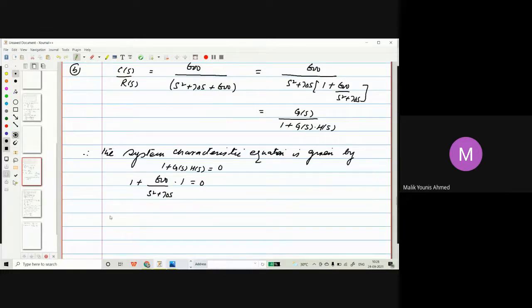So this is s square plus 70s plus 600. That will be same whatever the denominator is. लिखने की जरूरत नहीं है. Let us call it equation number 1.